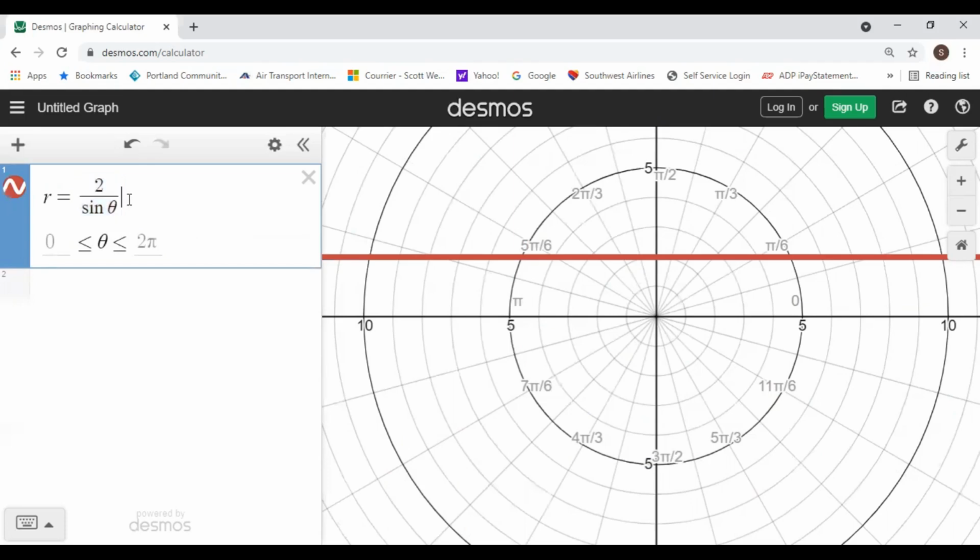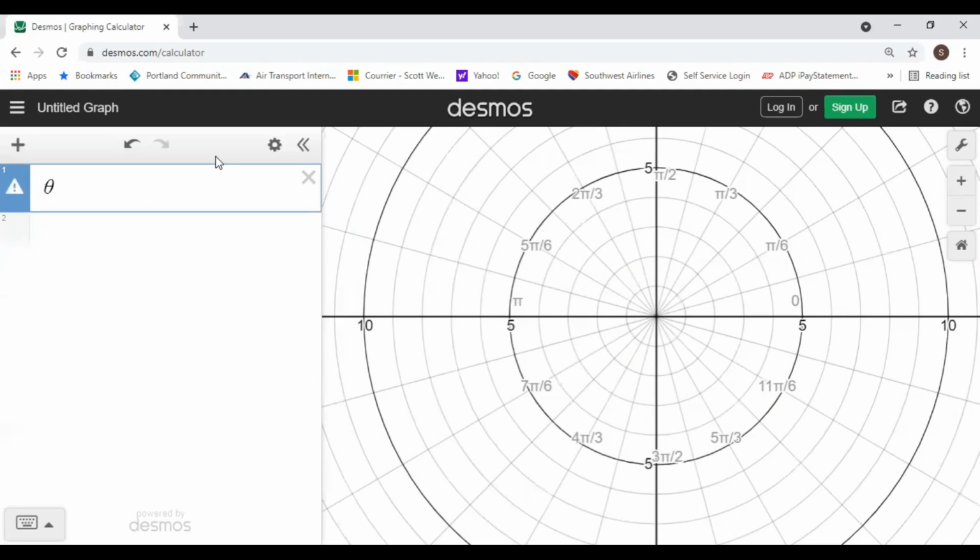One thing you can't do, though, is the line like theta equals pi over 6. So that doesn't quite work.